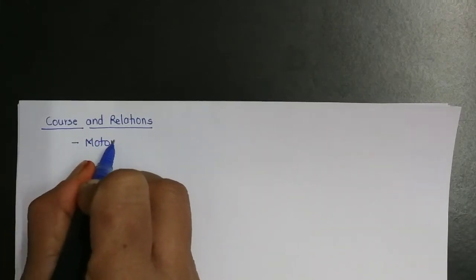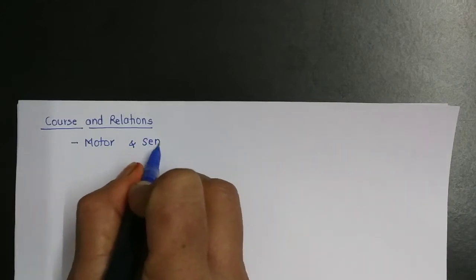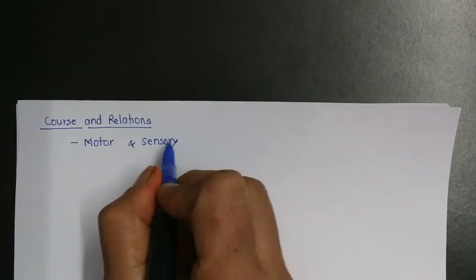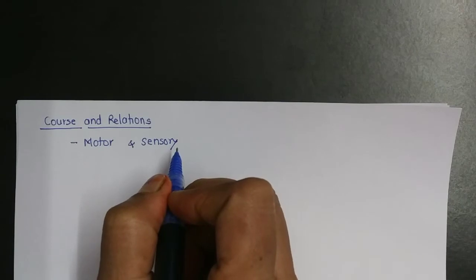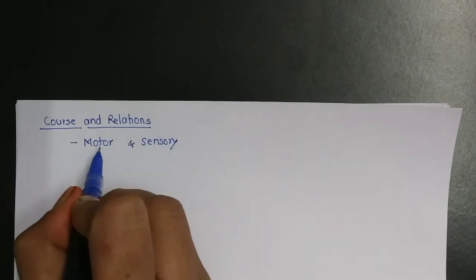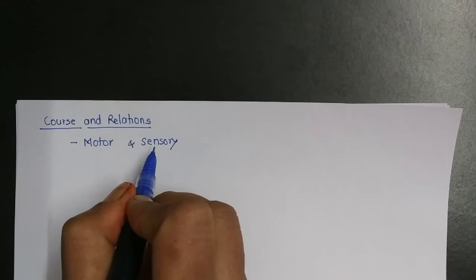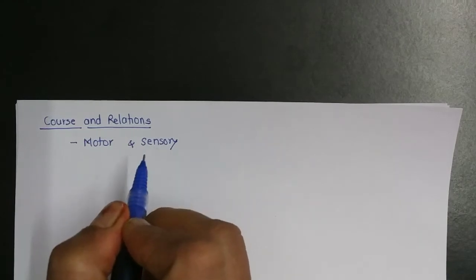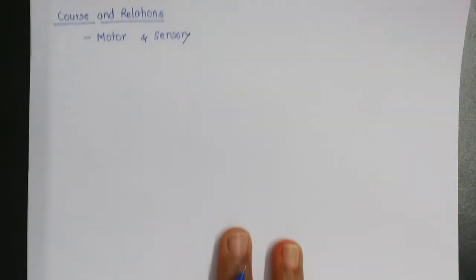The facial nerve arises by two roots, motor root and the sensory root, and already we have seen that sensory root is also called as nervus intermedius. So facial nerve arises by two roots, motor and a sensory root, from the ventral aspect of the brainstem.